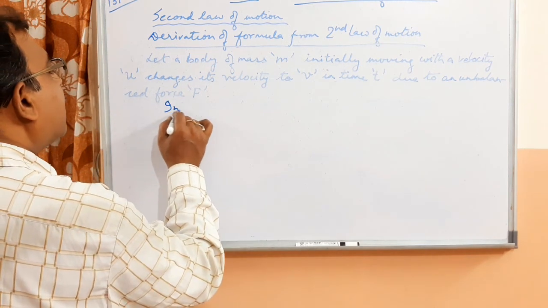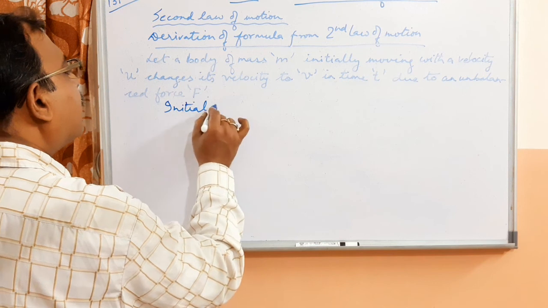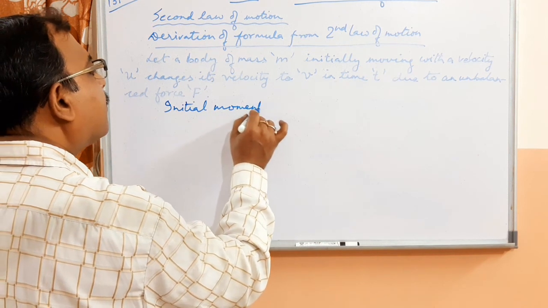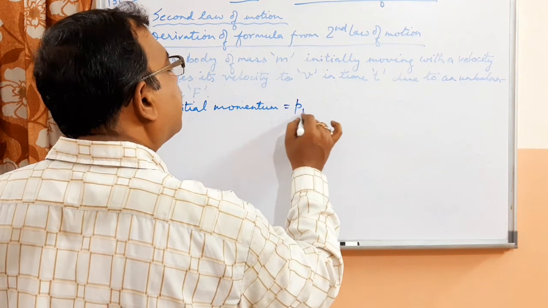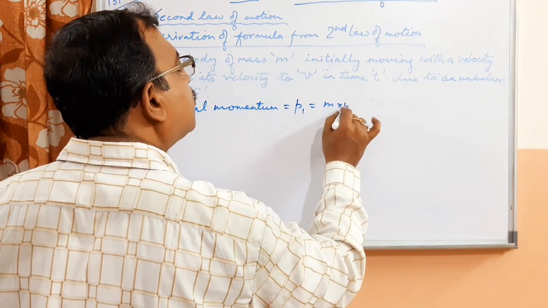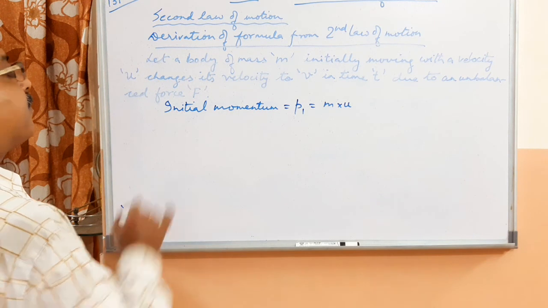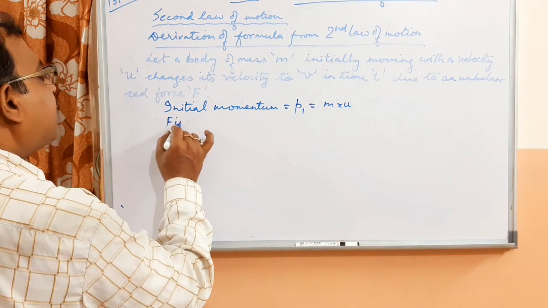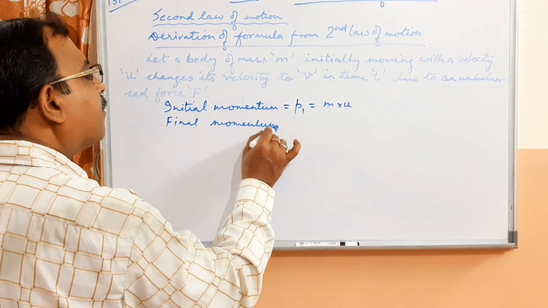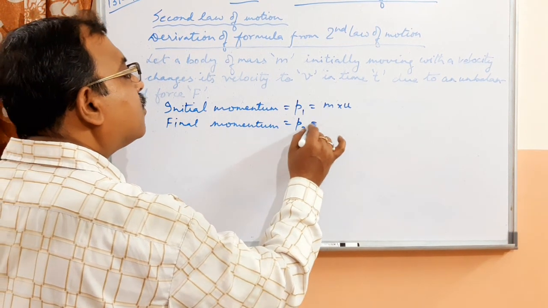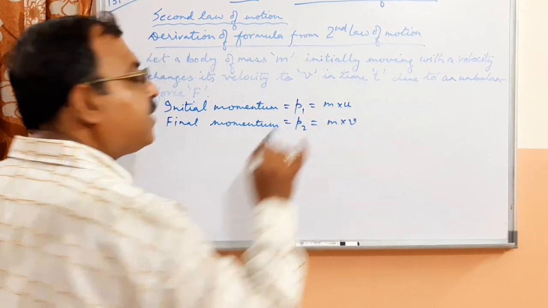So initial momentum is equal to P1, that is equal to m into u. Final momentum is equal to P2, that is equal to m into v.